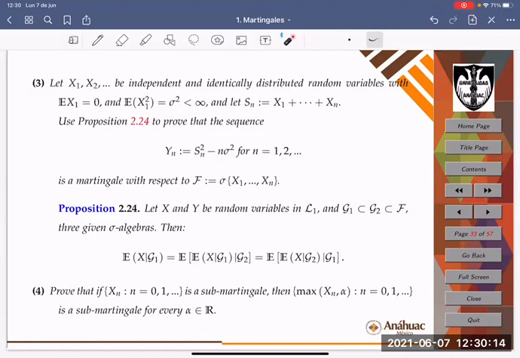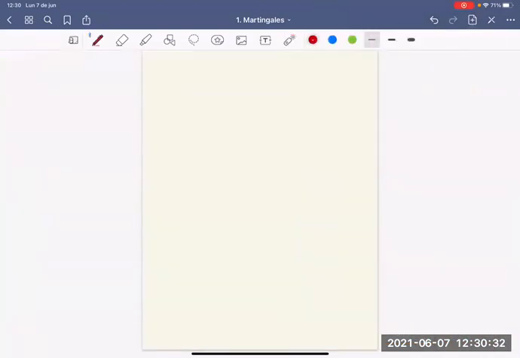And we need to prove that this thing here is a martingale with respect to the information generated by the original random variables. Okay? So the only thing we need to do is to again use our golden rule. So golden rule. First, to find a recurrence rule. Number 2, we need to use measurability.